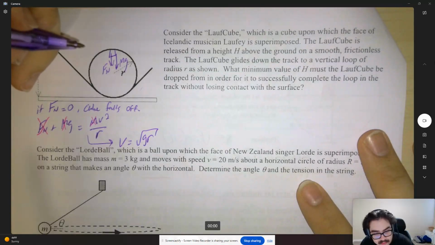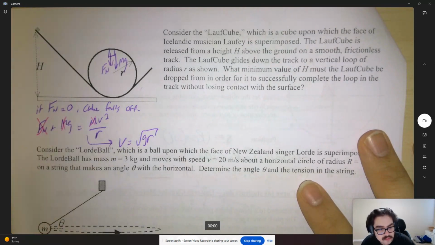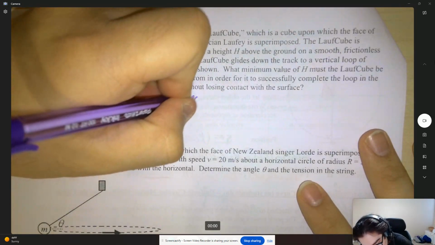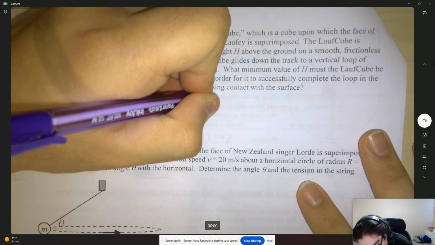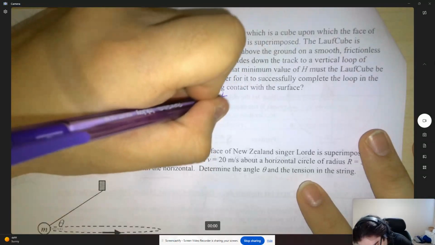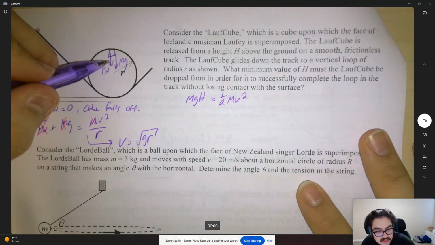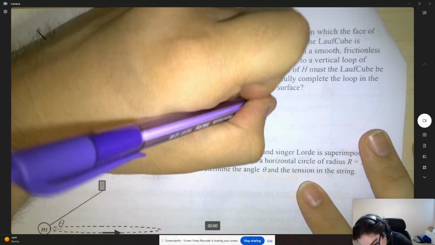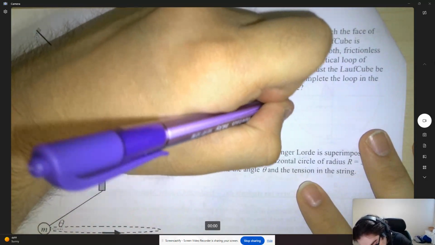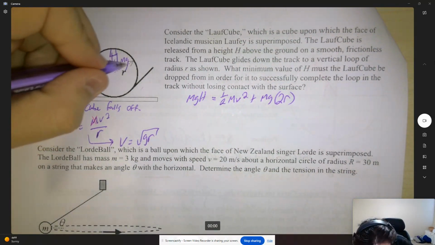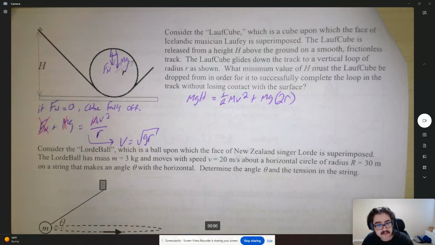Now we can use conservation of energy to solve the problem. mgH equals one half mv squared, since it is going to be moving at the top with some velocity v, plus mg times 2r, because the height is the whole diameter of the track, not just the radius.